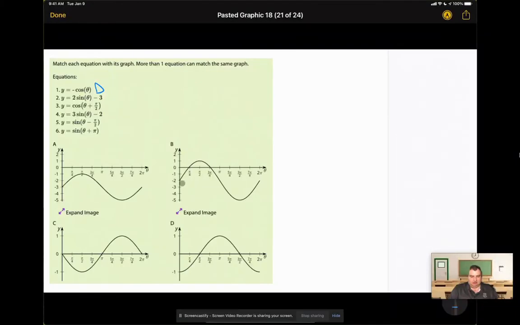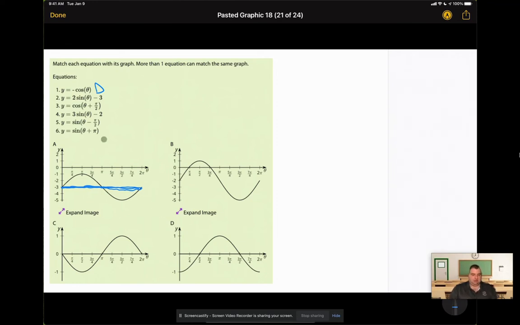So that's what we're going to do, we're going to check here. All right, if I look at, for example, graph A, we'll start with graph A, is -3 the halfway point between the high and the low point?